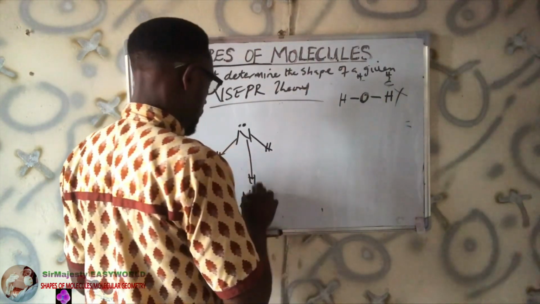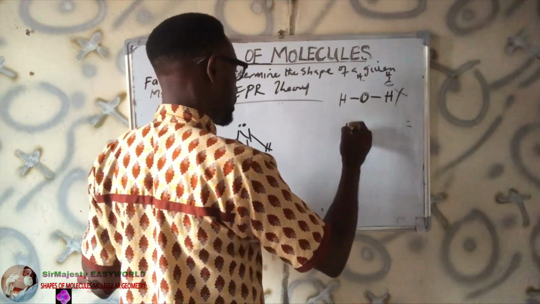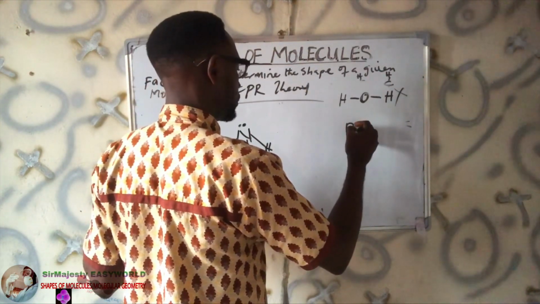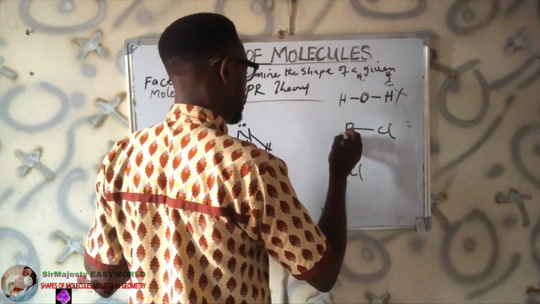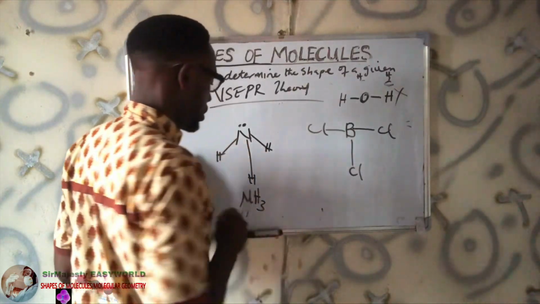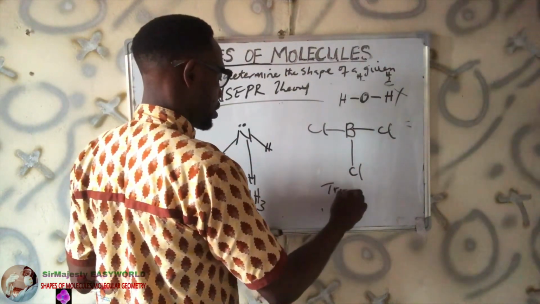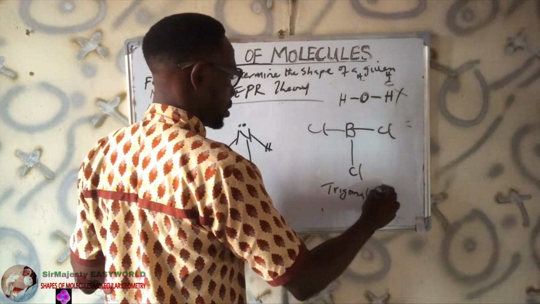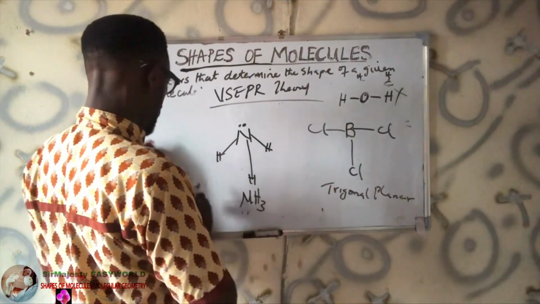Then that's NH3. Then we have boron fluoride or boron chloride, which will give you Cl, Cl, and Cl. So this one is trigonal planar, while this one is trigonal pyramidal.